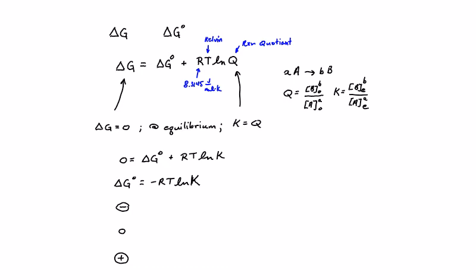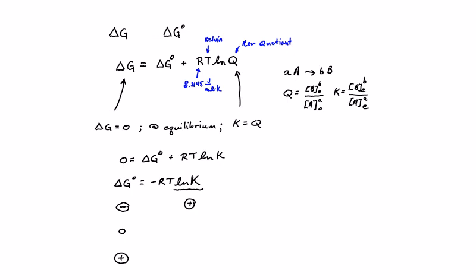Now if we look over at our values, what the value of K would have to be in order for these to be true, well, we see that we have a negative sign in front of the expression for RT ln K. So the only way that delta G can be negative then is if the natural log of K is a positive value.